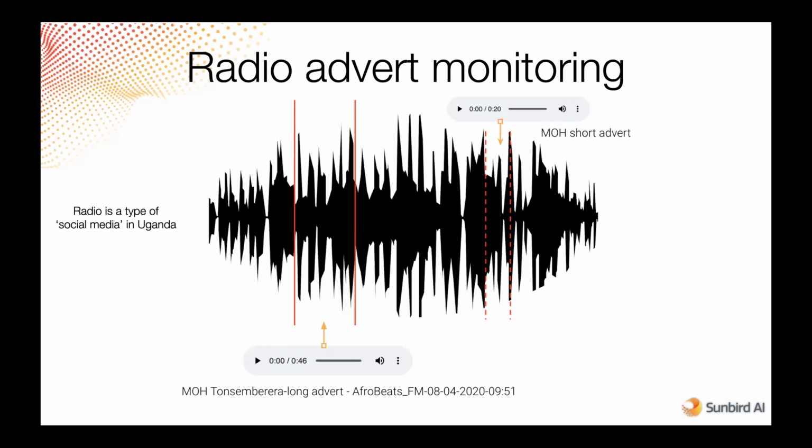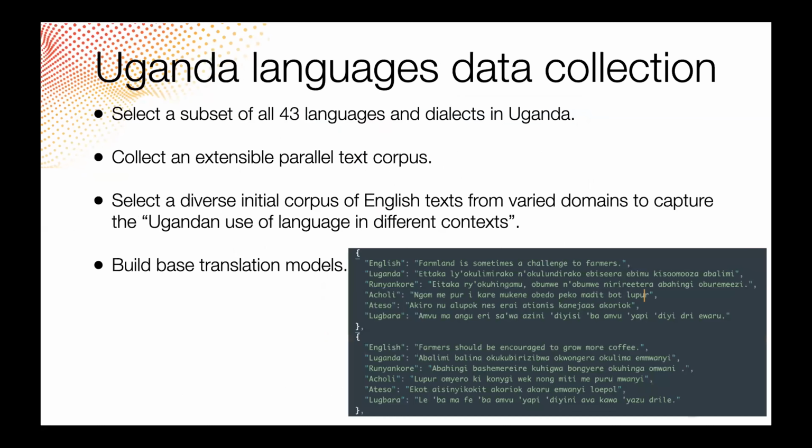Some were long, some were short, and we tried to identify where they are. Again, this was a task for the COVID time. And we didn't use much machine learning here. We used a lot of signal processing, that kind of thing.